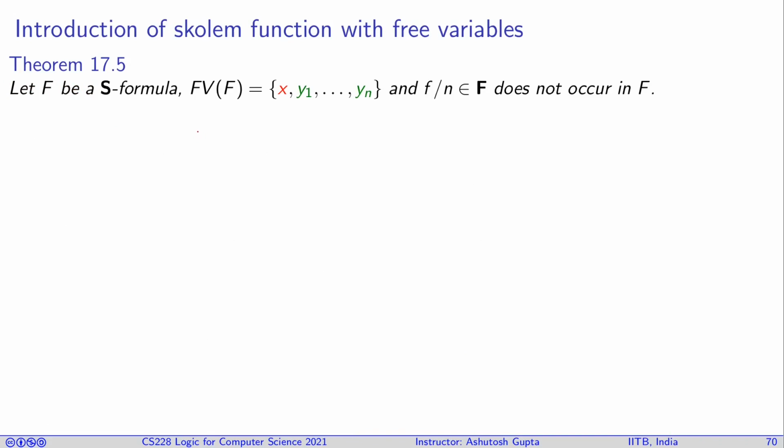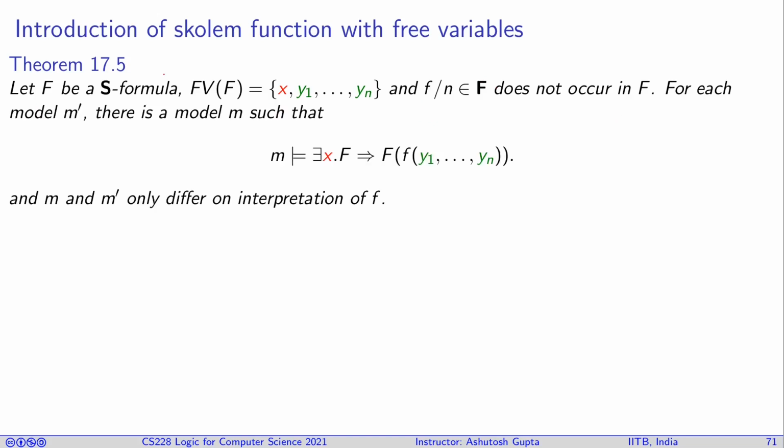Let's prove it through a theorem which proves that this is allowed. In fact, it's correct. Let's suppose F is a formula which has n plus 1 free variables, y1 to yn and x, and there is a function symbol f which does not occur in this formula F. For each model M prime there is another model M such that M satisfies 'there exists x F implies F with the skolem function'.